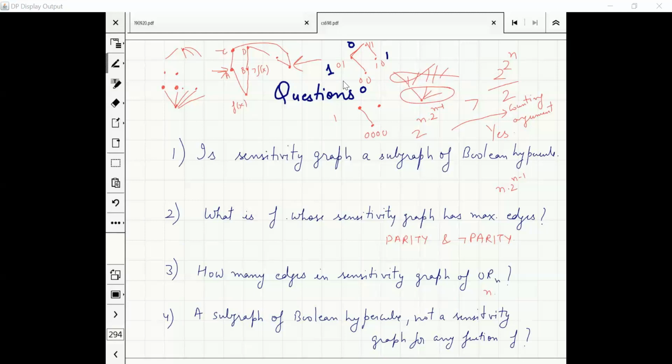Because if these three edges are there, the fourth edge has to be there. That is what you have shown. So a subgraph which has only these three edges does not belong to any sensitivity graph.